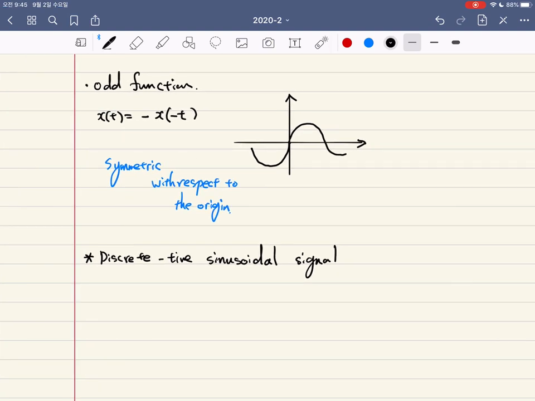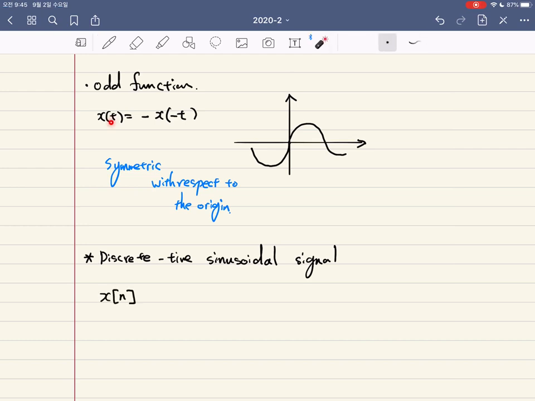As I mentioned in the introduction chapter, in discrete time you only deal with integer values of input. So we express the discrete time sinusoidal signal with square brackets.